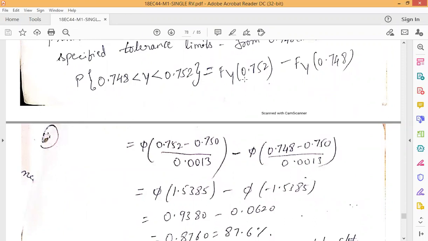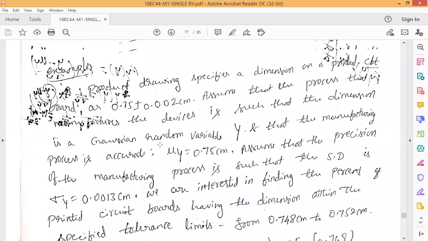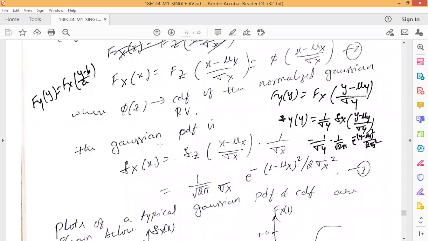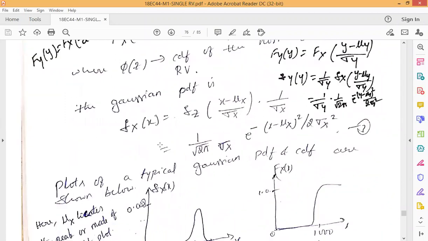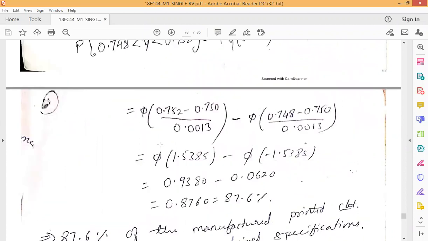So here Fy of 0.752 can be written as phi of, using the formula we have given here: x minus mu x divided by sigma x. That represents the z value. So here we'll be able to write phi of 0.752 minus 0.750.